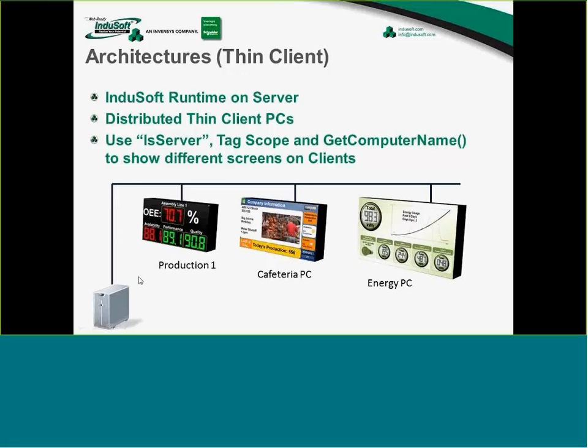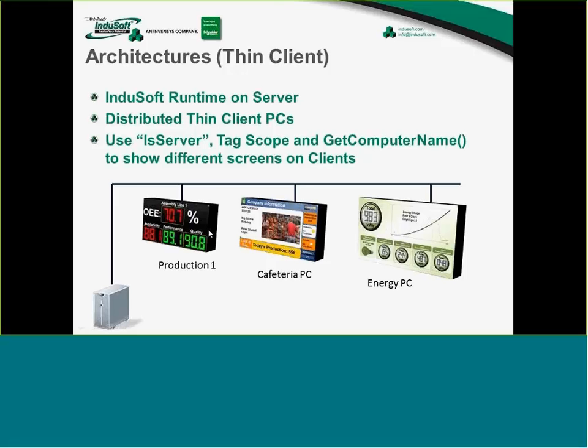If your scope is set to server, which it is by default, and you change a value on one client, that tag will go back to the main runtime, and then the main runtime will update that information on all the other clients as well.